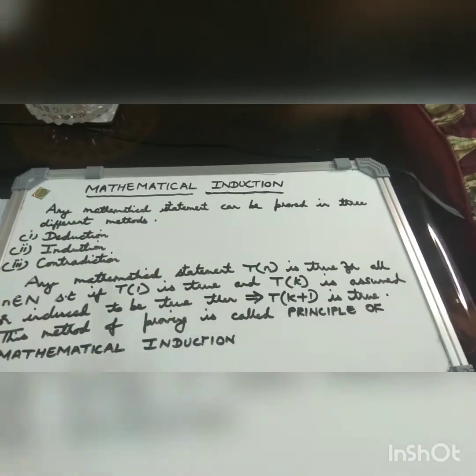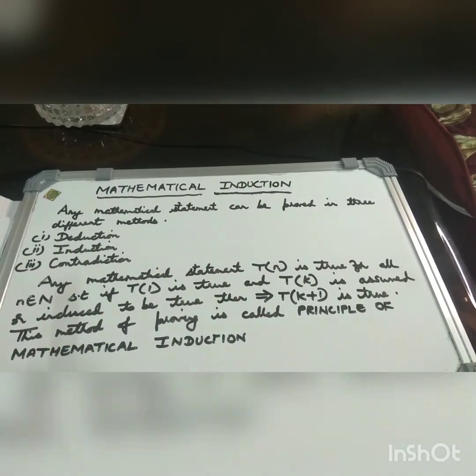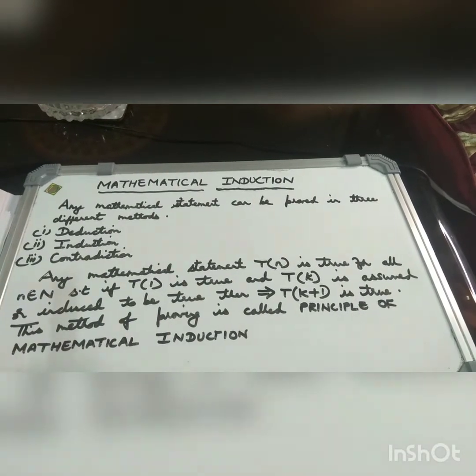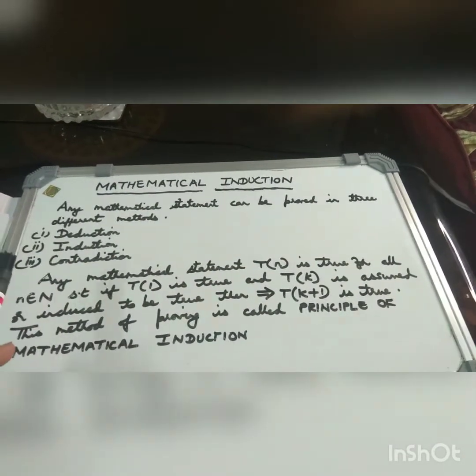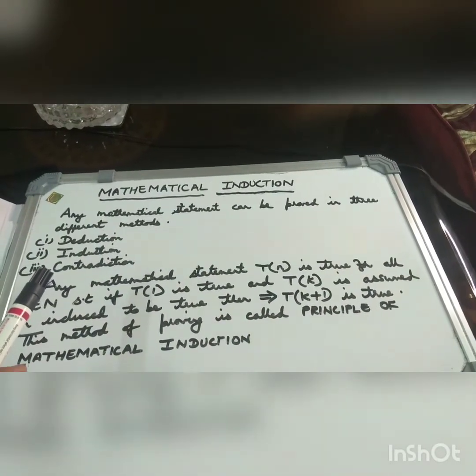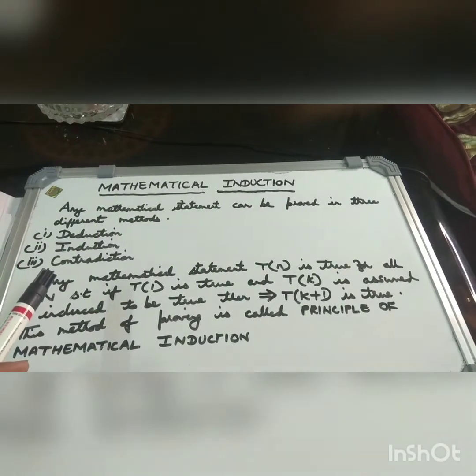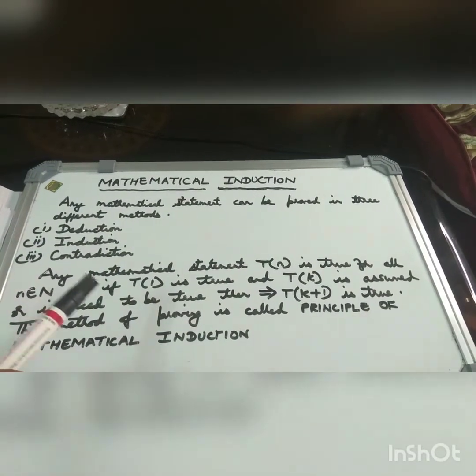Hence, in this method we have 3 steps in all. The first one is called the basic step, where you put n equals 1 and prove that T1 is true. Then the second step is the assumption step or induction step, where you assume that T of k is true.